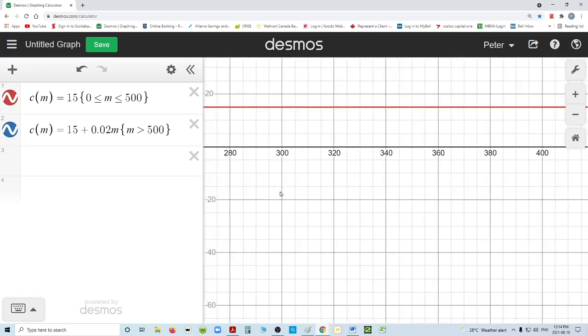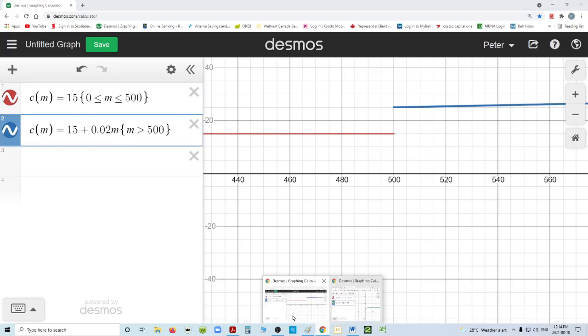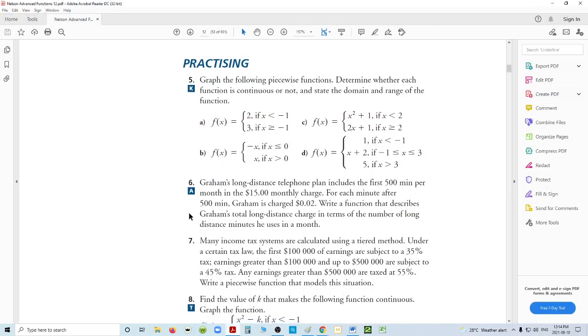We can see everything's $15 until we hit 500. Oh, for each minute after. Oh, that's interesting. Let's make sure of the question. He is charged, for each minute after 500 minutes, 2 cents.